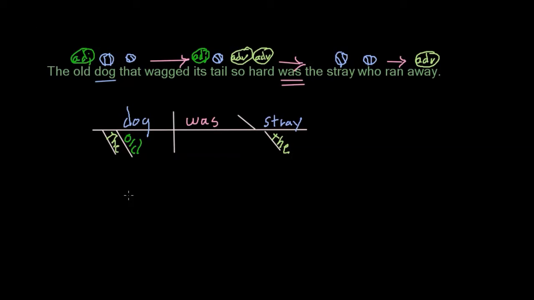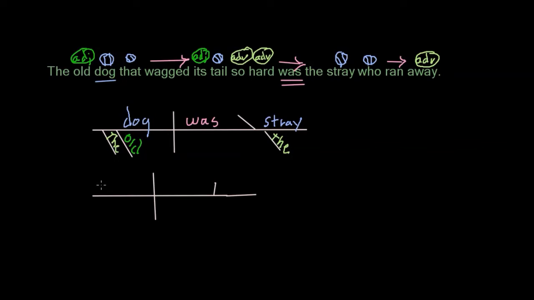Now let's go ahead and diagram our relative clauses. Our first relative clause begins with the relative pronoun that, which becomes the subject of the relative clause. And we know we're going to have a direct object, so we draw another perpendicular line that does not bisect the baseline.